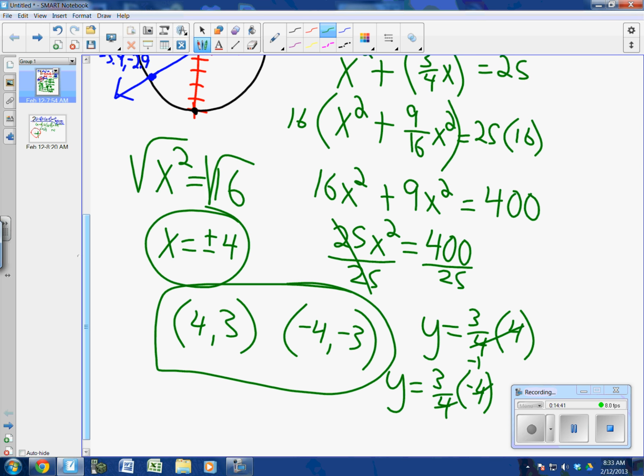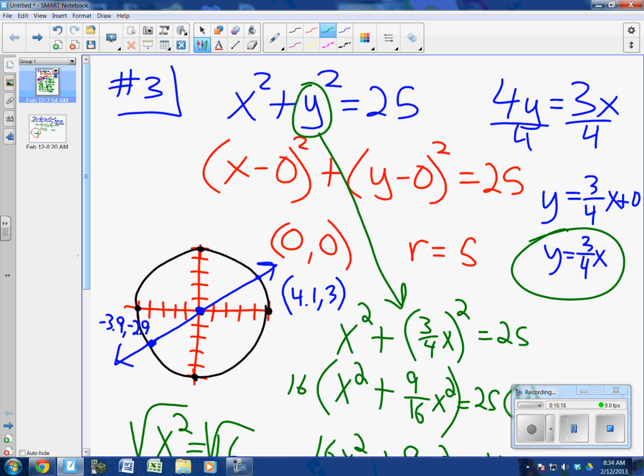Got that? I got y equals 3/4 x. Okay, got that part? Then I plugged it in. I substituted it into this equation up here, the y for the y right here. I plugged in 3/4 x for y. You understand that? Thank you.